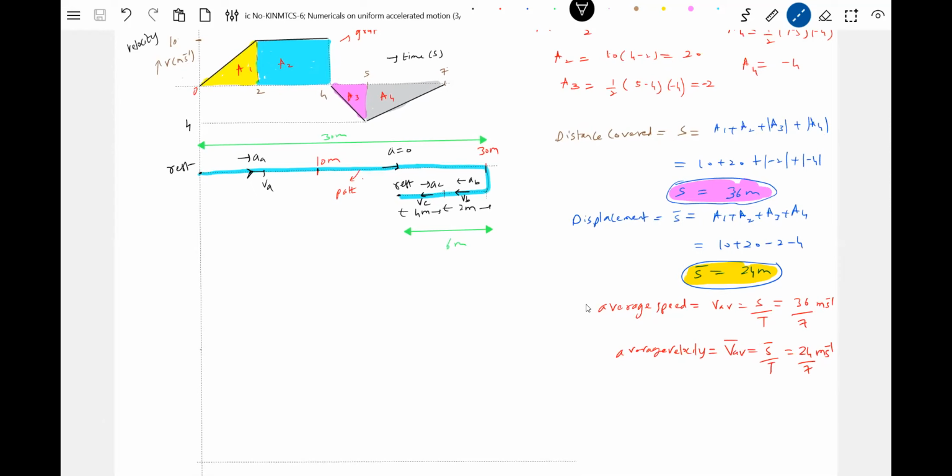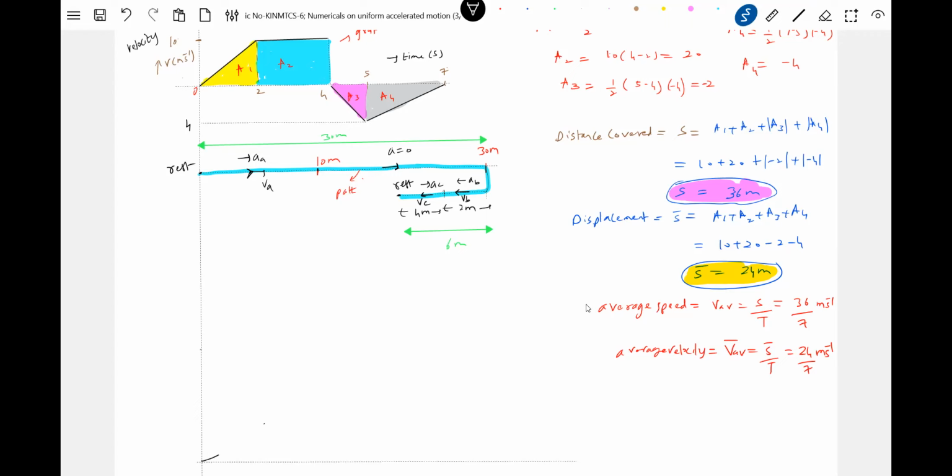First, for 2 seconds, accelerated motion. Then uniform velocity motion for another 2 seconds. Then it will undergo retardation. It will cover more distance. No? I'll increase the length of this.